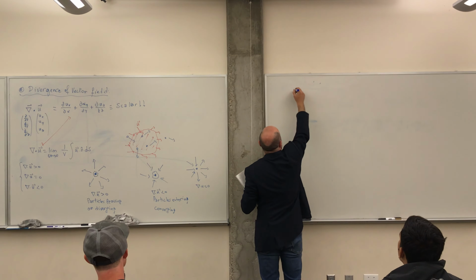What about this case? I have a small arrow here, and a small arrow here, and a large arrow there, and a large arrow there. Positive. There's more leaving because this is bigger. They're diverging. Positive, yes.